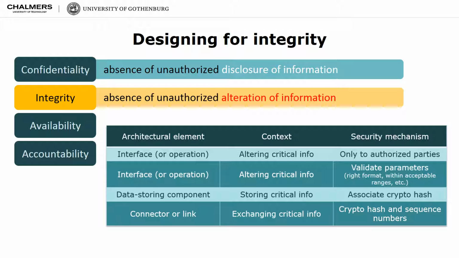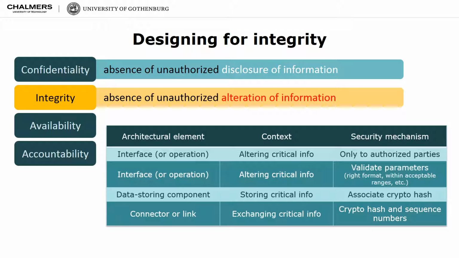And then for components that are, for instance, allowing the users to alter critical information, proper authorization needs to be put in place at those interfaces. Also, next to authorization, it is also important to validate the parameters that the user is providing, for instance, to an interface operation when altering or modifying the critical information.